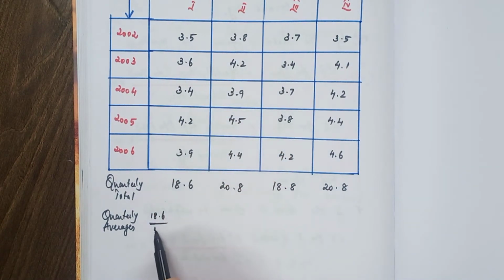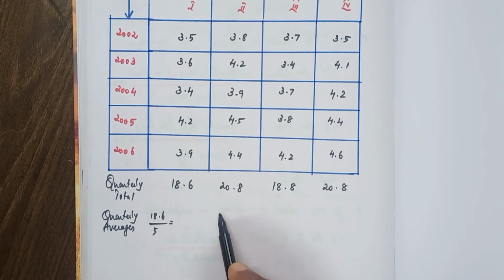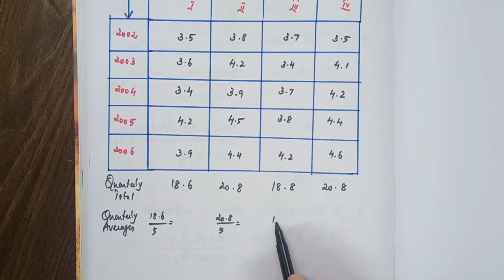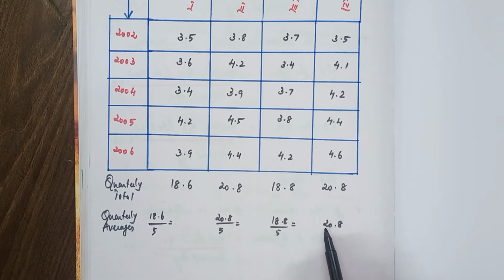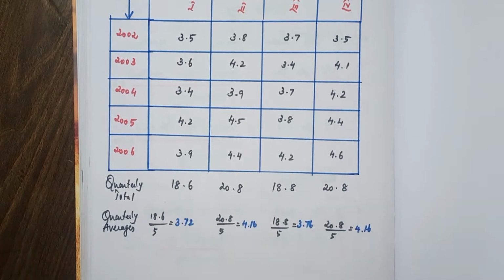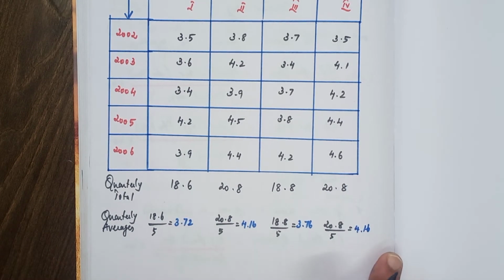So divide by 5. Like that, 20.8 divided by 5, 18.8 divided by 5, 20.8 divided by 5. Divide and write. I have done the calculation.